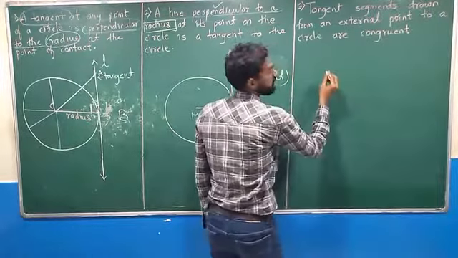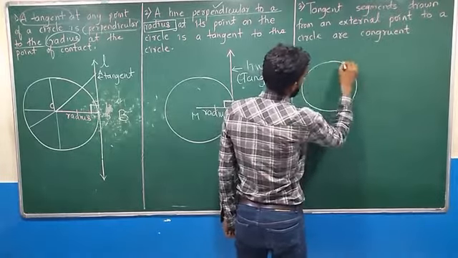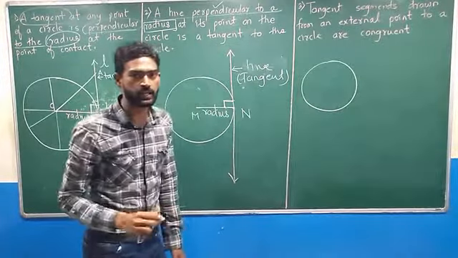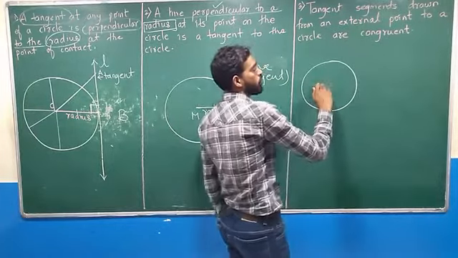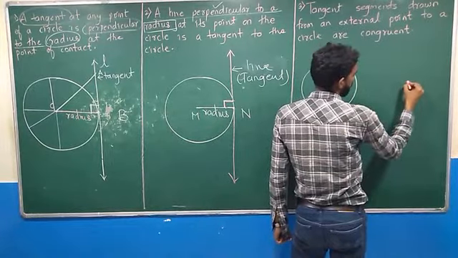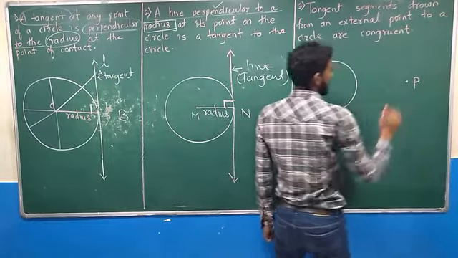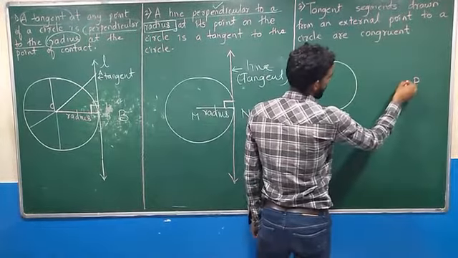It means we have a circle, right? Let's say this is my circle, and we need to draw a tangent, but from where? From a point outside the circle. So I'm taking one external point, and from this point I can draw a tangent.